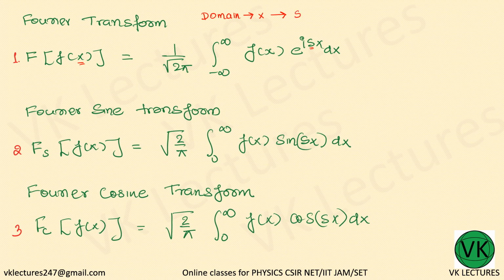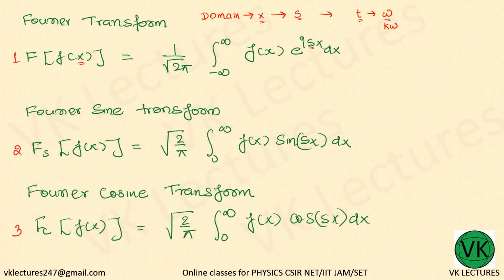to s. Similarly, if you consider x as position and s as momentum, the Fourier transform will do the transformation from the position domain to the momentum domain, as well as t to omega, where t is the time domain and omega is the frequency domain or energy domain. t to omega, or if you multiply with h cross omega, it becomes the energy domain.